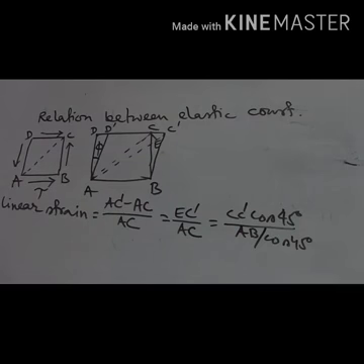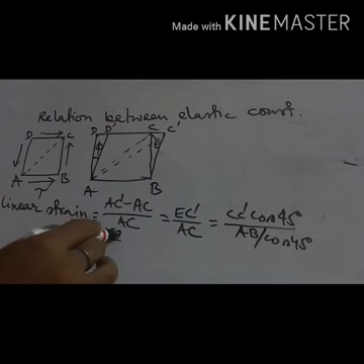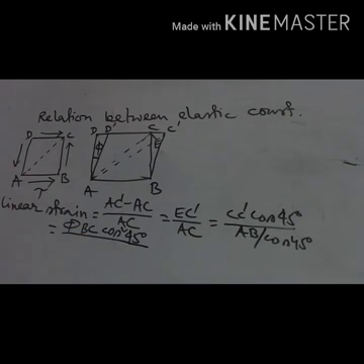From the correlation, CC prime is equal to phi into BC. So phi into BC and cos square 45 degree, divided by BC. BC cancels, so phi by 2.